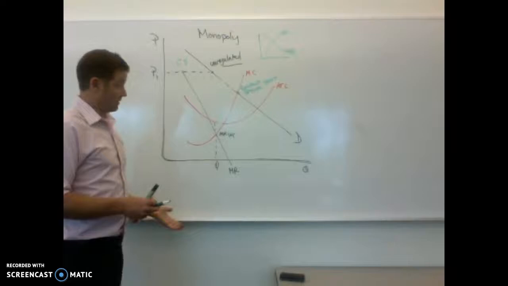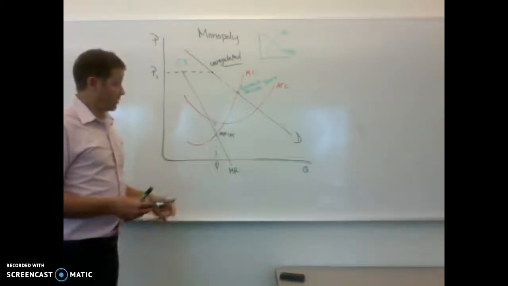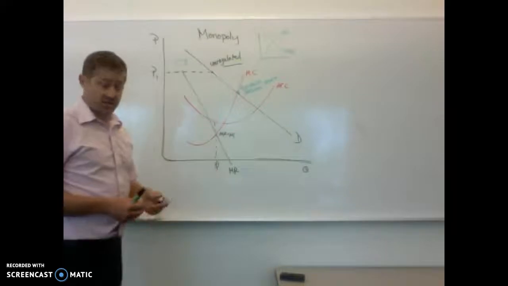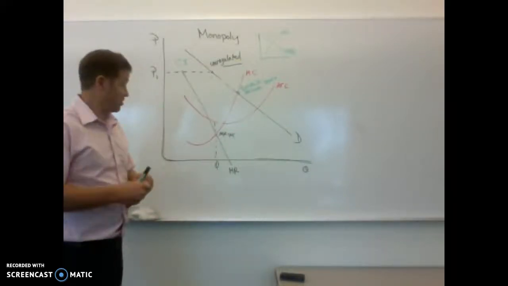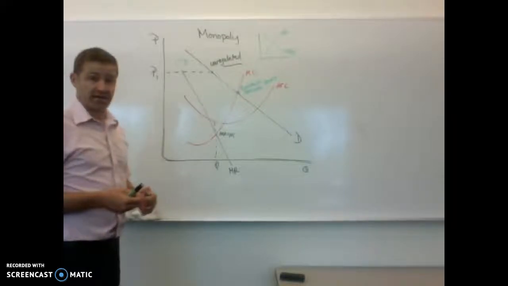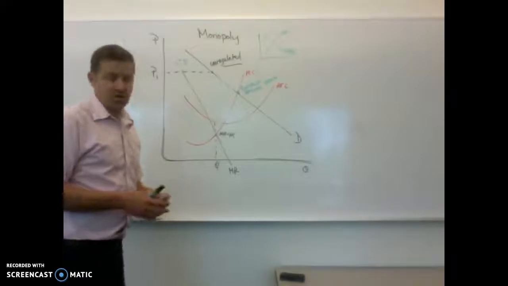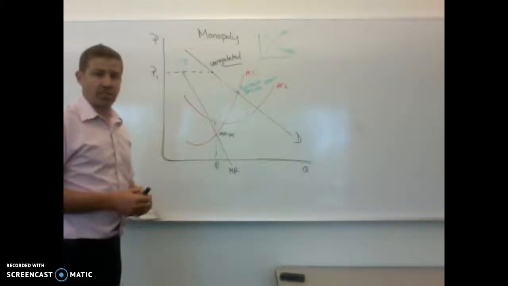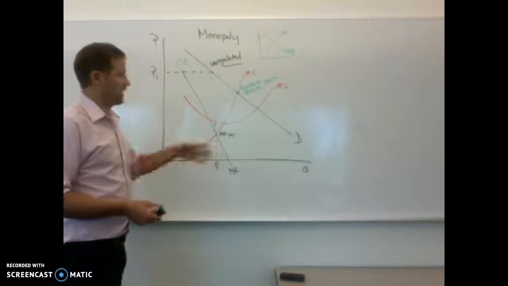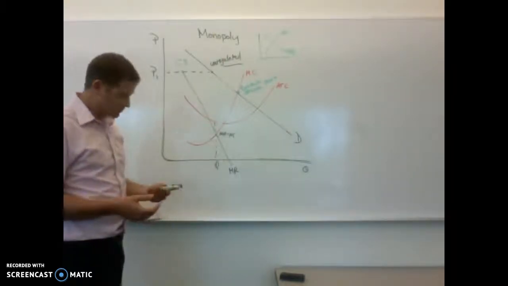Now, how would you do that? How do you force a monopolist to produce more? Well, you would probably subsidize them, to be quite honest. They're the only producer in the market. You're not going to do it by allowing competition. I mean, you could do antitrust legislation to get more competitors into the market, and that would bring the price down a little bit. Or you could subsidize them.